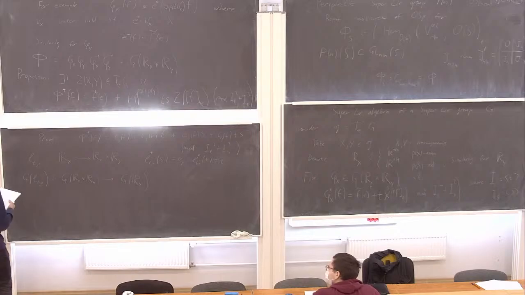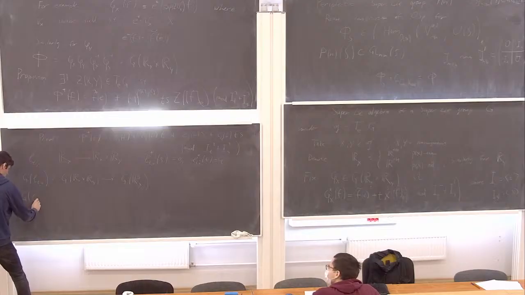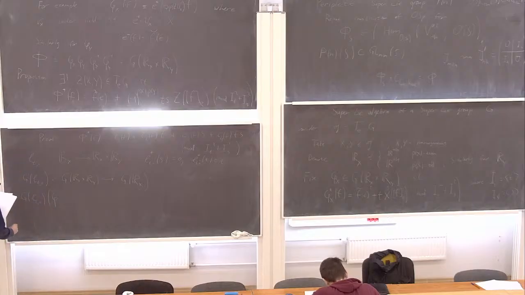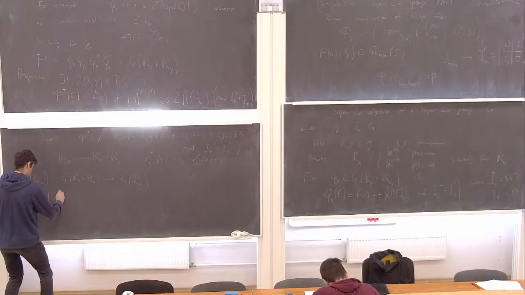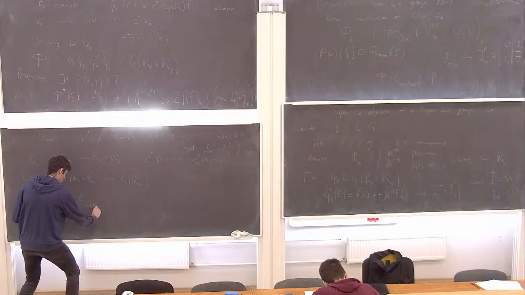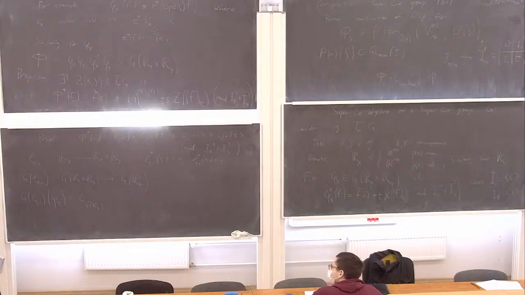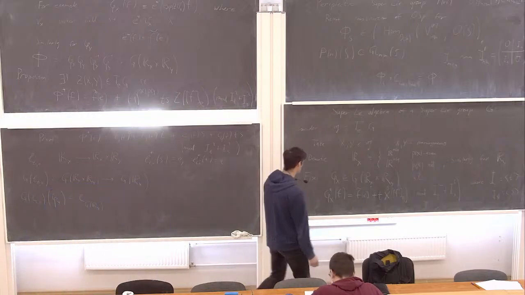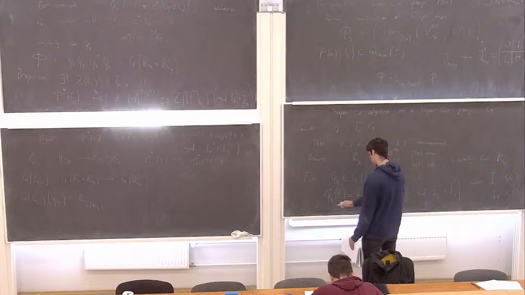So I claim that L_T0 applied to phi y is just identity in G(R_x). Because, okay, my phi x is, well, phi y, right?